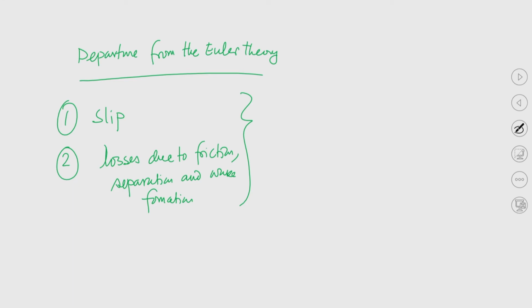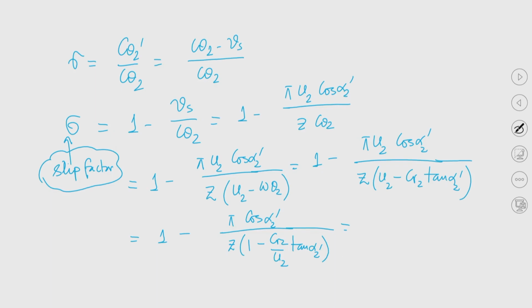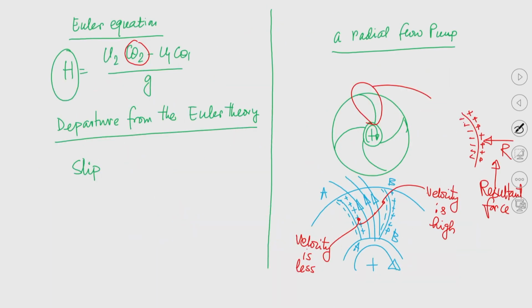So, if we go to the previous slide wherein we have discussed this, here you can understand that pressure on the convex side is high, pressure on the concave side is less.